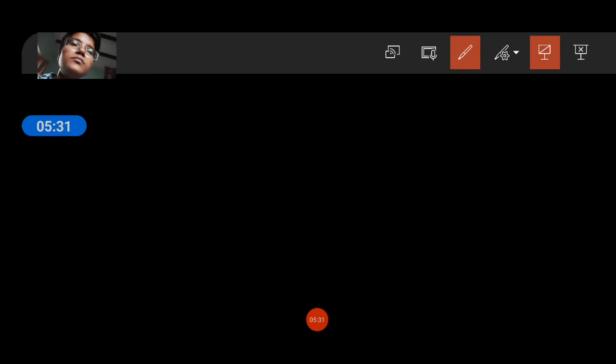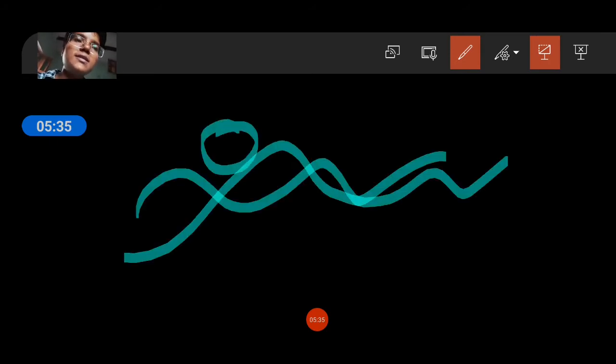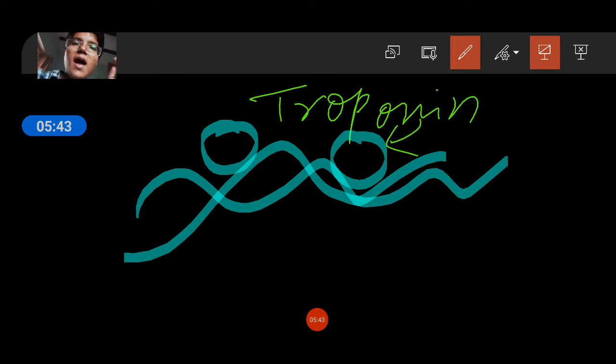If this is the structure, so this is the troponin, okay, and it masks the active site for the myosin on the actin.